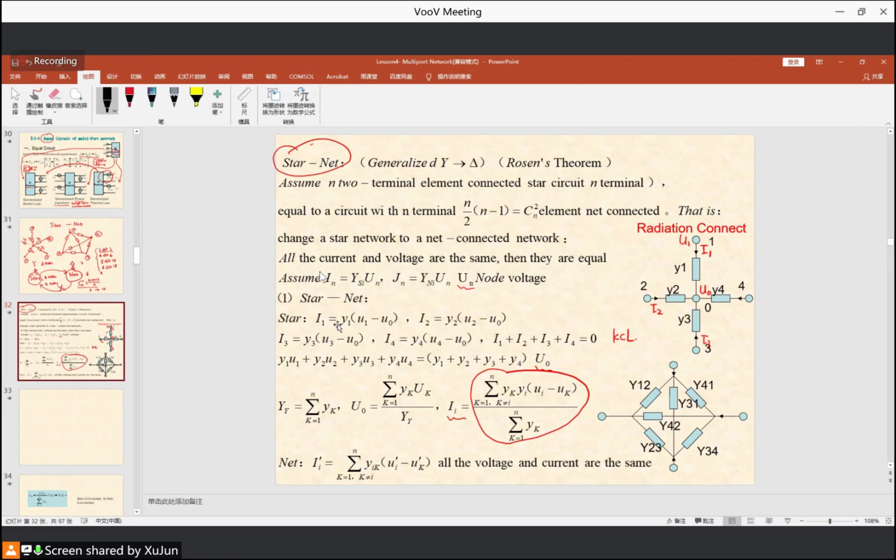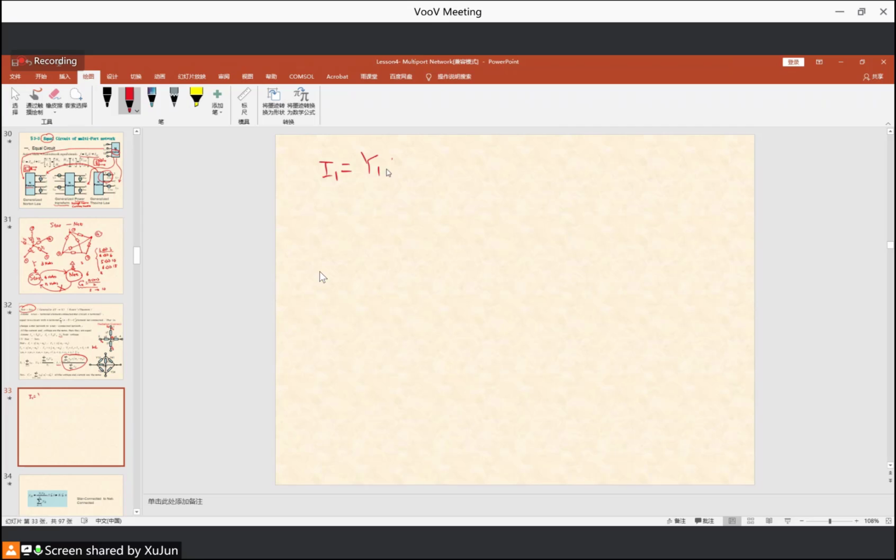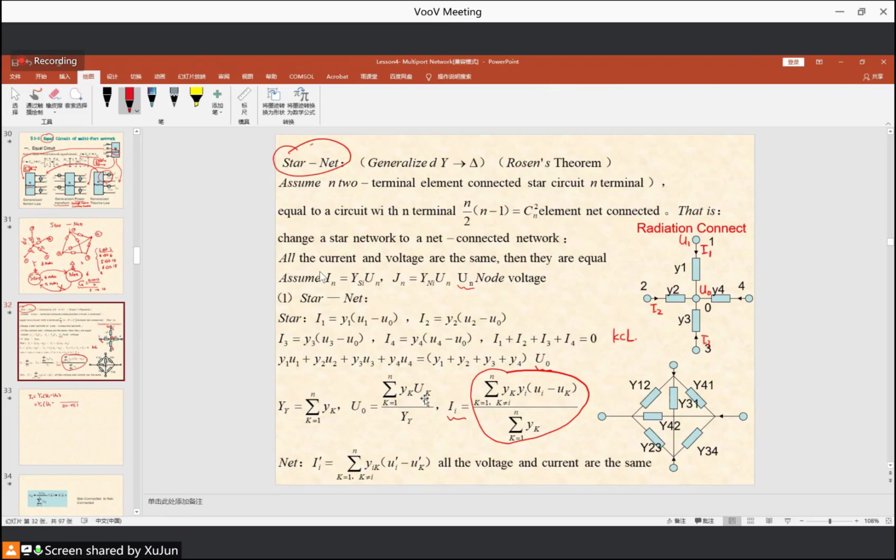I1 is Y1 times U1 minus U0, which equals Y1 U1 minus Y1 times the sum of Yk Uk over Y1 plus Y2 plus Y3 plus Y4.